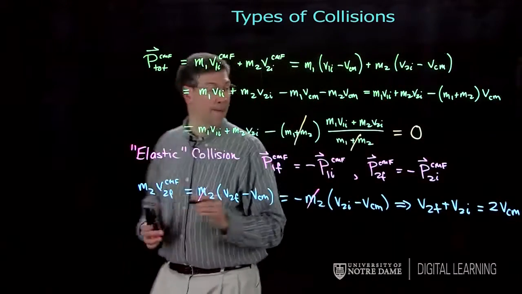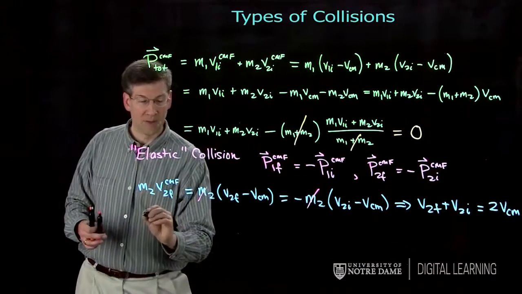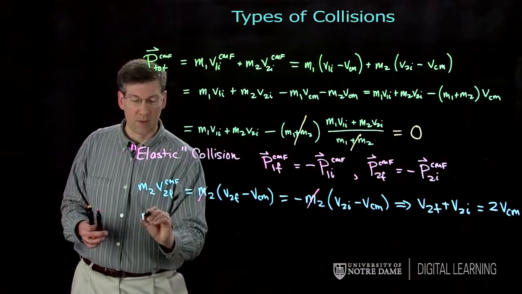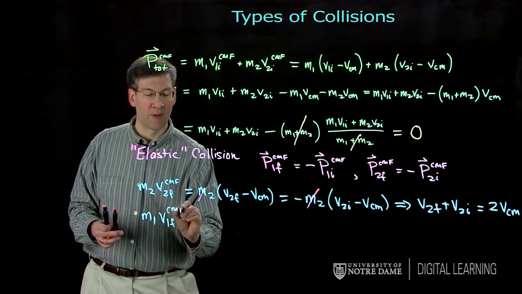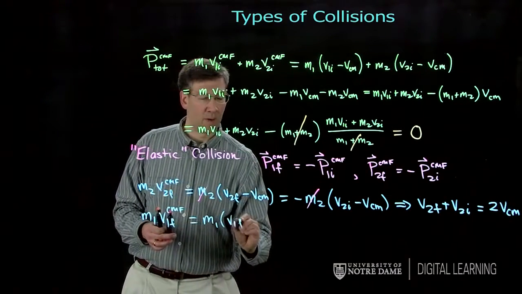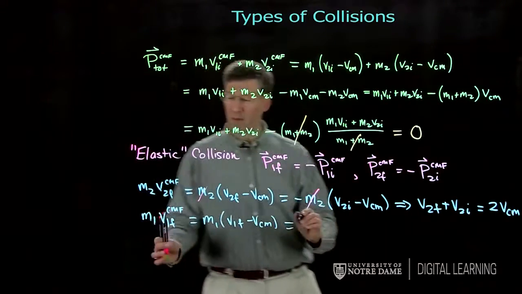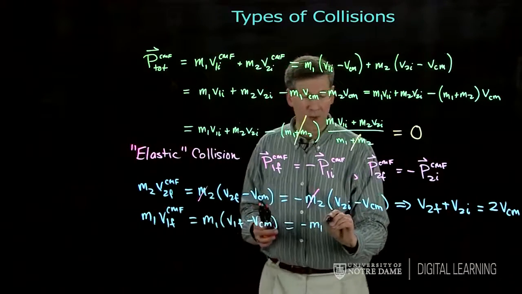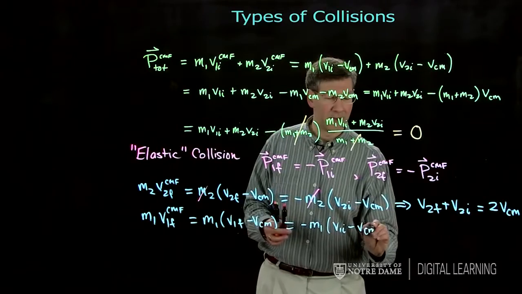OK. So the sum of the two velocities is equal to twice the velocity of the center of mass. Clearly, I can write exactly the same thing for mass 1. I have mass 1 times v1 final, so let's write it out just so we have a complete record. So mass 1 times v1 final in the center of mass frame is going to be equal to mass 1 times v1 final minus the velocity of the center of mass. And that final momentum has to equal minus the initial momentum. So I have minus m1 times v1 initial minus the velocity of the center of mass.